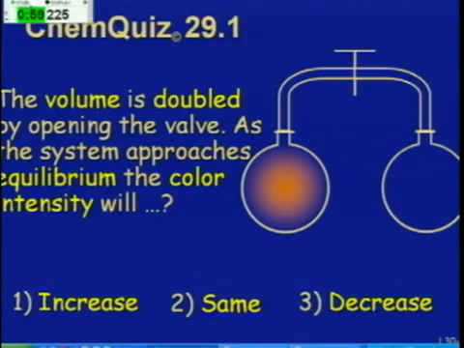No. You need to think. We brought it out of equilibrium, and we want it to get back into equilibrium, and it has to do something in order to do that.